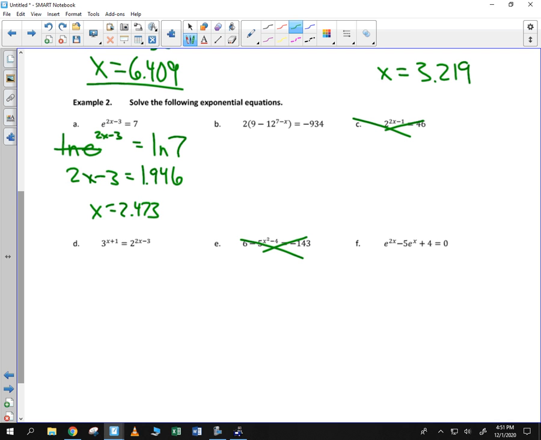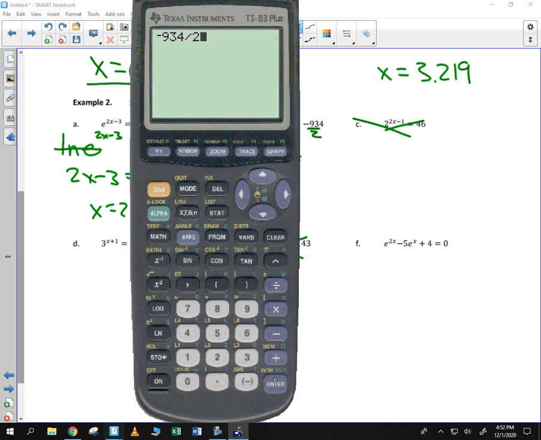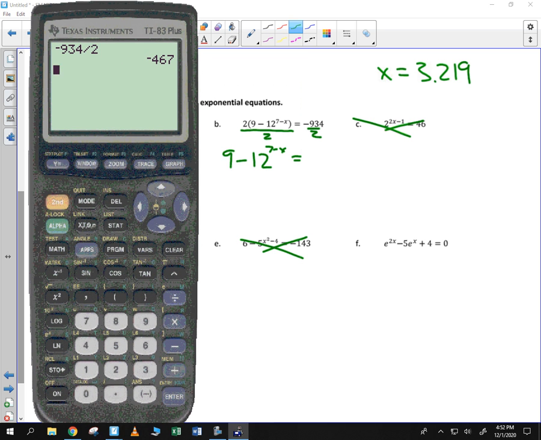Looks like a lot going on here, but let's just be patient. We'll start by dividing by 2. We get 9 minus 12 raised to the 7 minus x is equal to negative 934 divided by 2, which is negative 467. Now I'm going to subtract that 9 off both sides.